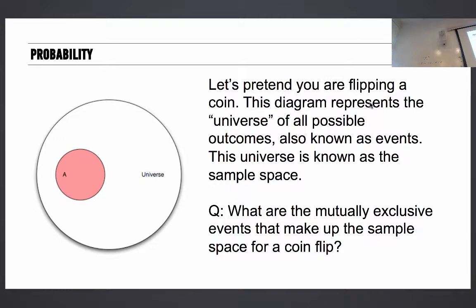Mutually exclusive events are events that cannot happen at the same time. So when you're flipping a coin, what are the events that cannot happen at the same time? Heads and tails. Gold star.